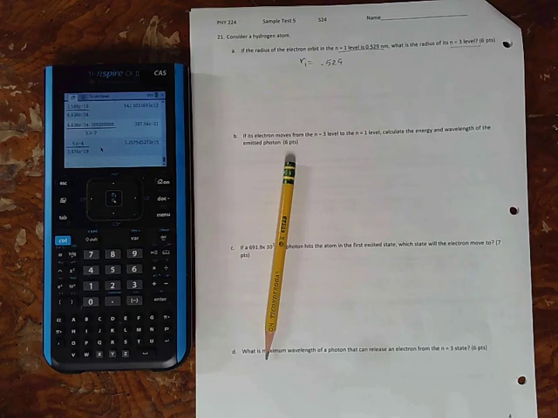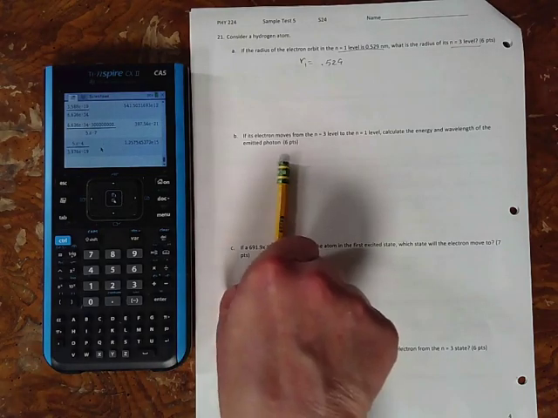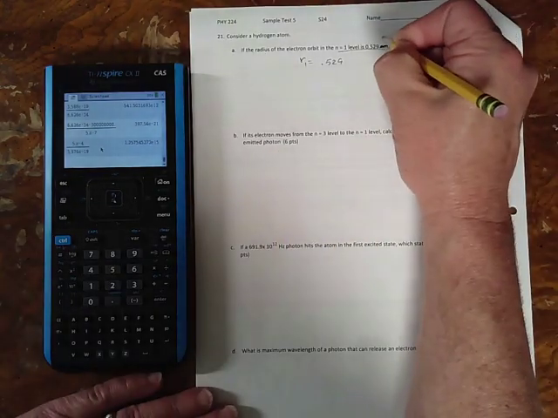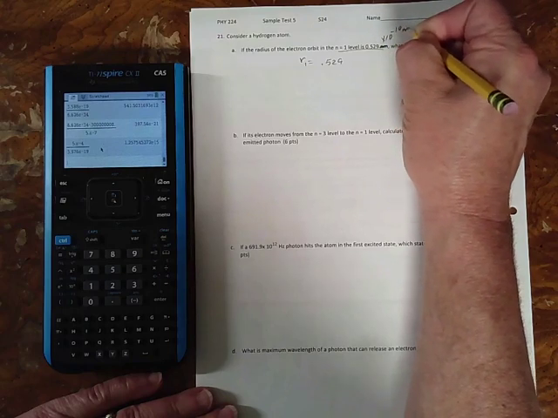Let me look that up a second. I've got my numbers mixed up. So this should be times 10 to the negative 10 meters, not negative 9.